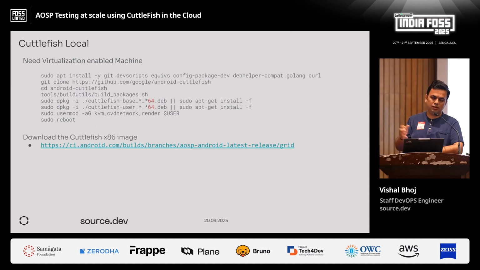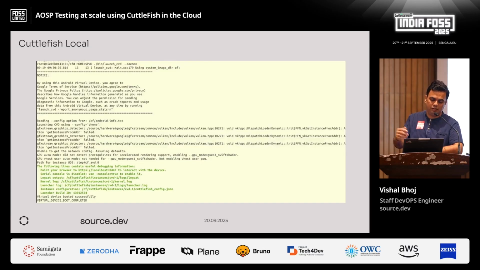It runs with the KVM interface, so you'll have all of them installed as a prerequisite. You can then build AOSP. Since I wanted to keep the slide small, I have posted a link for ci.android.com. That's where Google publishes pre-built images, which you can download, the Cuttlefish images, and then run locally.